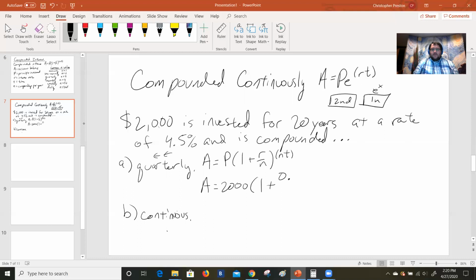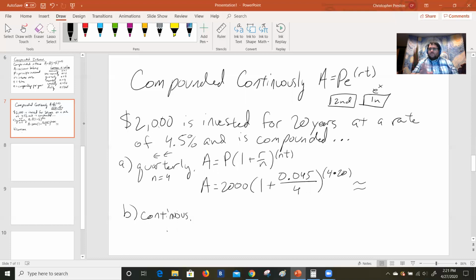That's going to be 0.045 over, quarterly means n equals 4 quarters in a year, to the 4 times 20 years.